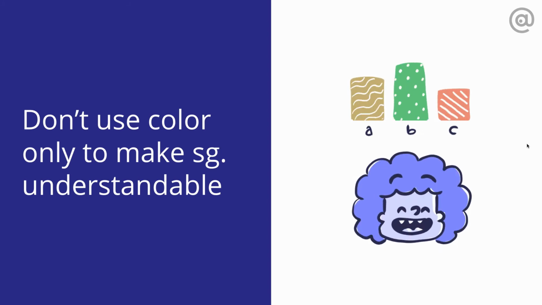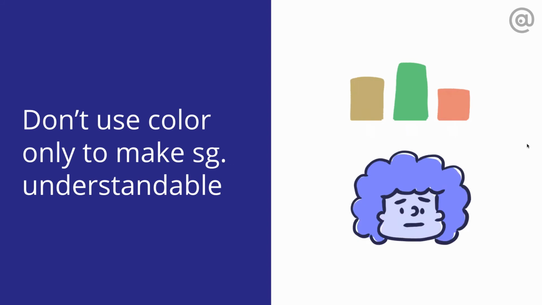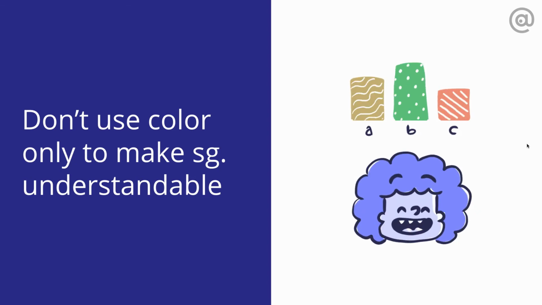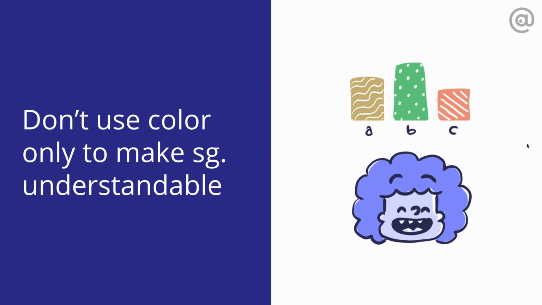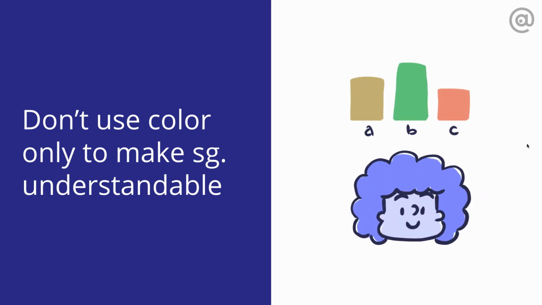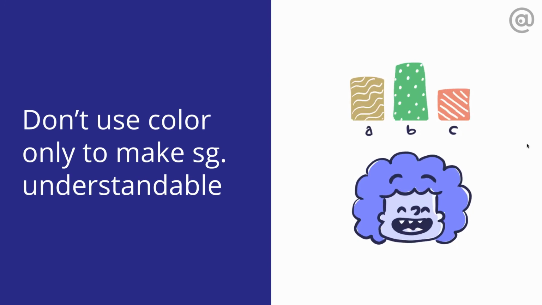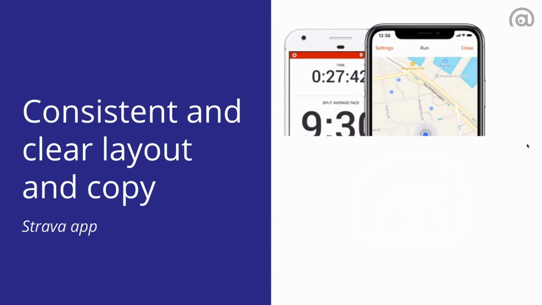Maybe they might miss the color, but not the pattern, or not the label in this case. So it's best if you use both a label and a pattern in your charts, for example. This is something that you can check in Trello. If you enable colorblind friendly mode, they will add patterns to every colorful label that you create in Trello, which I'm pretty sure is really helpful for people with color blindness.